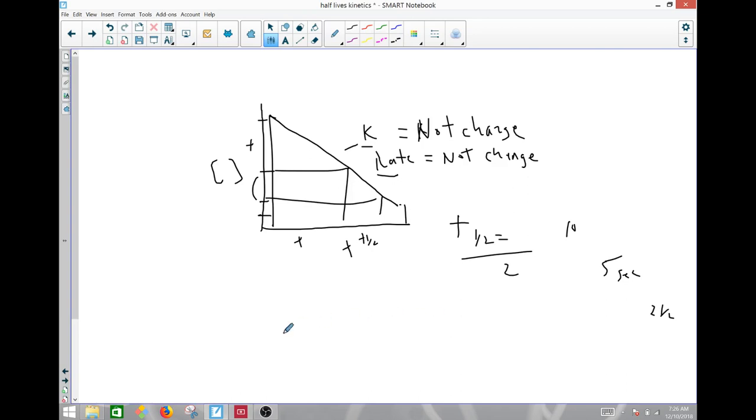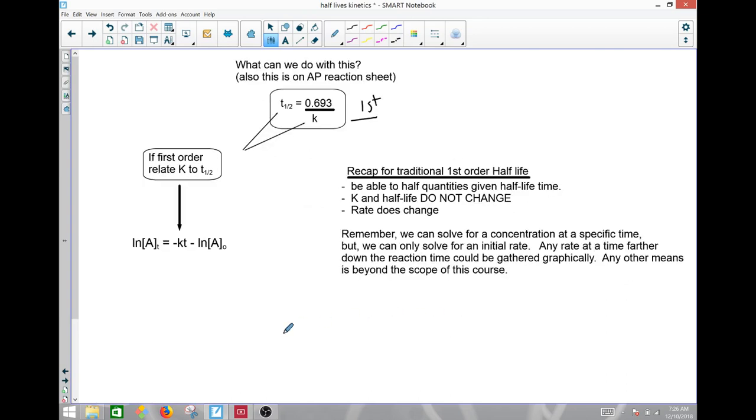So again, just going back to the previous page, understand how we got this formula, why it only works for first order, and what are the ways you can calculate K. We also remember we're using rate law equals K times the concentration of substance, let's say X or A, whatever we're looking at here, first order.